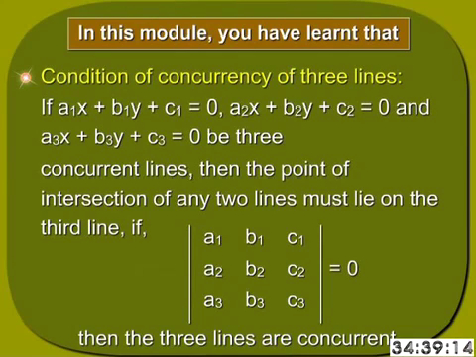If a1x plus b1y plus c1 equal to 0, a2x plus b2y plus c2 equal to 0 and a3x plus b3y plus c3 equal to 0 be three concurrent lines, then the point of intersection of any two lines must lie on the third line, or if the determinant having first row elements as a1 b1 c1, second row elements as a2 b2 c2, third row elements as a3 b3 c3 is equal to 0, then the three lines are concurrent.